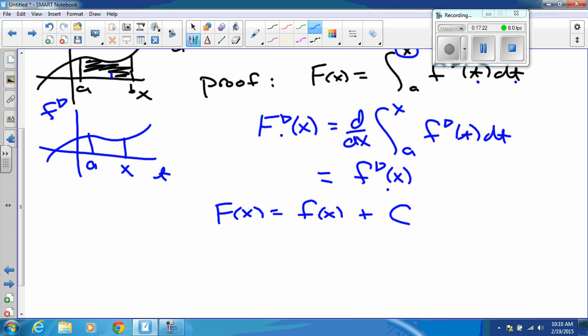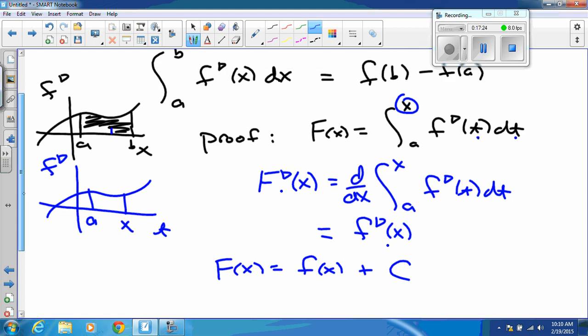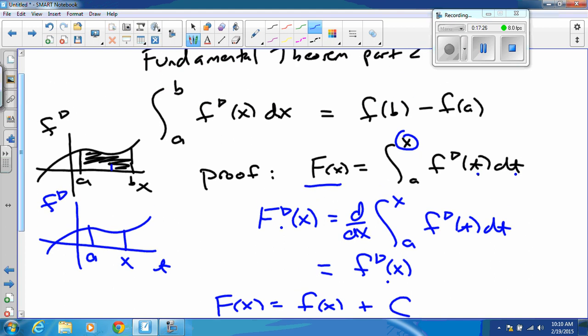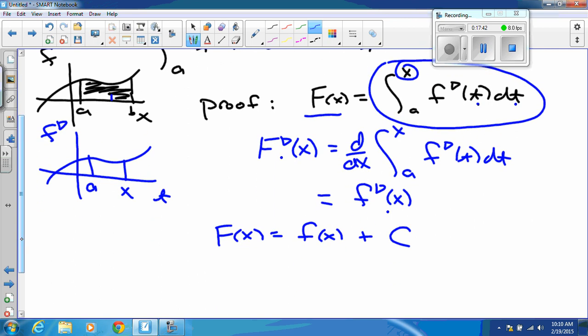Now this is really profound. We could stop right here and be really impressed, because what this is telling me is that my area function is automatically an antiderivative for f prime. This is one way to find an antiderivative, is to add up from a to x. And that's kind of cool.